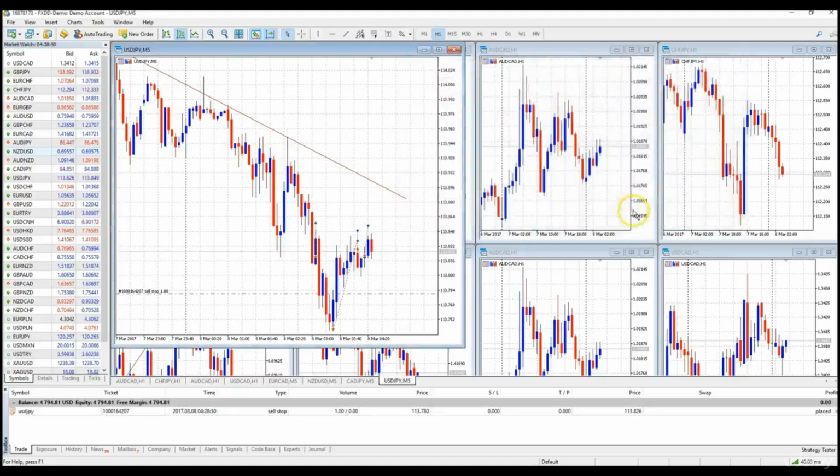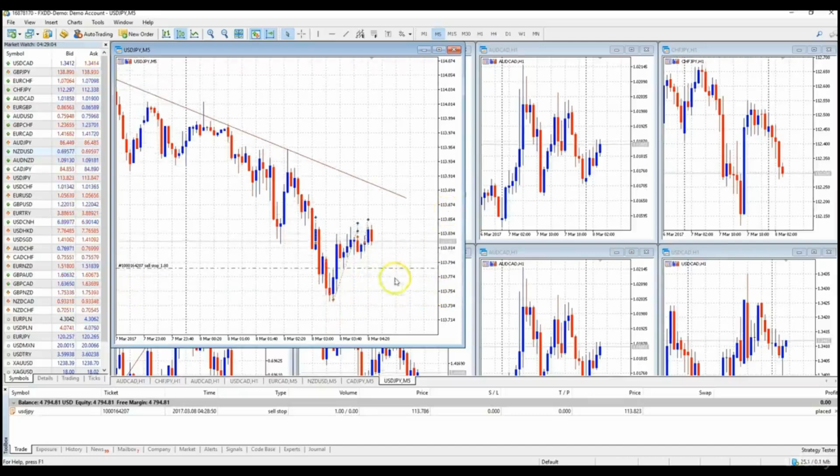I'll go ahead and hit place. Actually, I'll just move this up a little bit. There we go. So now if price hits this level, then we will get into a sell position targeting further lows to the downside. So as it continues to weaken, we will be making a profit. That is a sell stop.